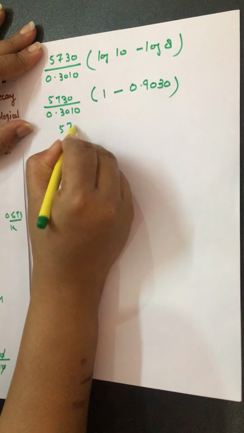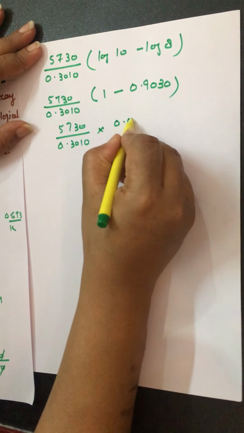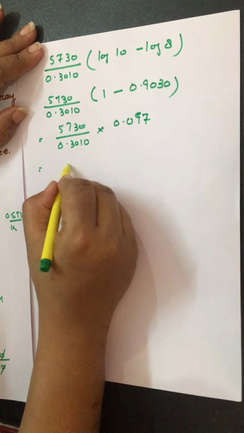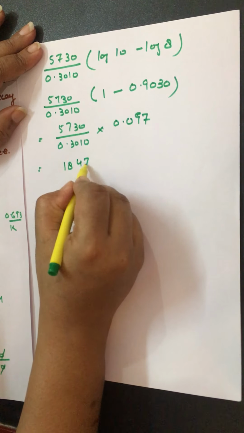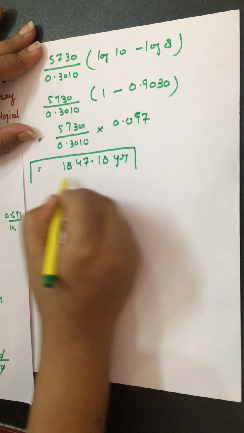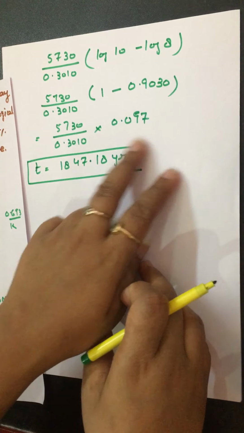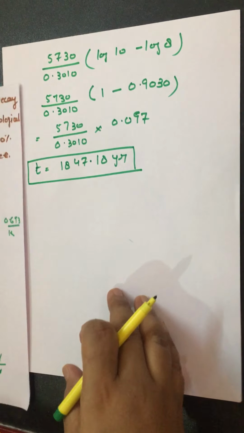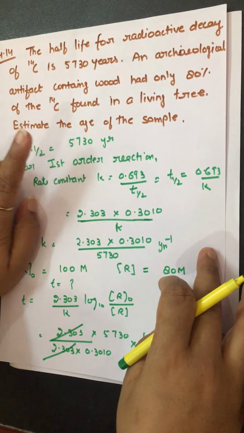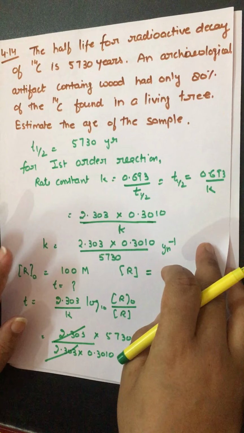Okay, and 5730 over 0.3010, it comes out to be 0.097 and multiply करने के बाद and calculate करने के बाद it comes out 1847.18 year. It means after this much years कार्बन 14 100% जो था it remained as 80%. It is the procedure to solve out such type of problems.